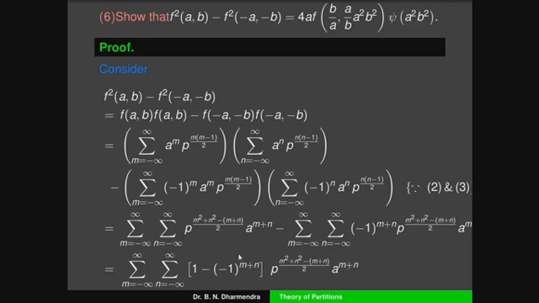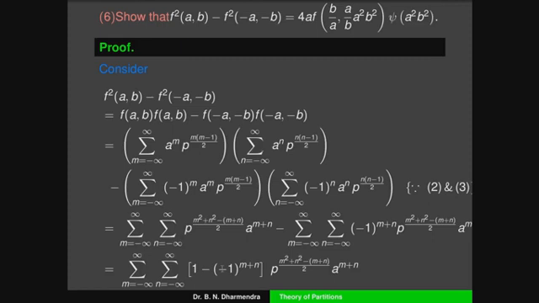Here we have to observe the terms. If m plus n is even, the entire series will vanish, because (-1) to the power of an even number becomes 1, that is 1 minus 1 equals 0. So that's why we choose the terms where m plus n is odd. If m plus n is odd, that is 1 minus (-1), which becomes 1 plus 1, equal to 2.